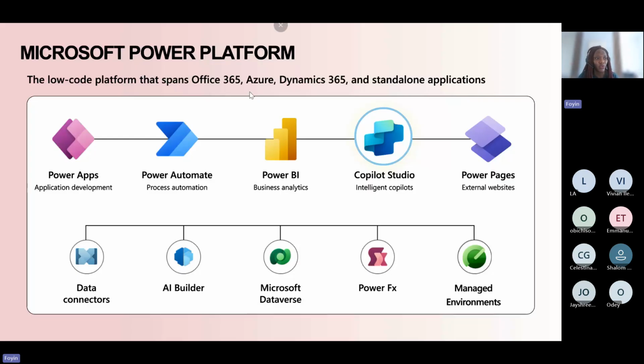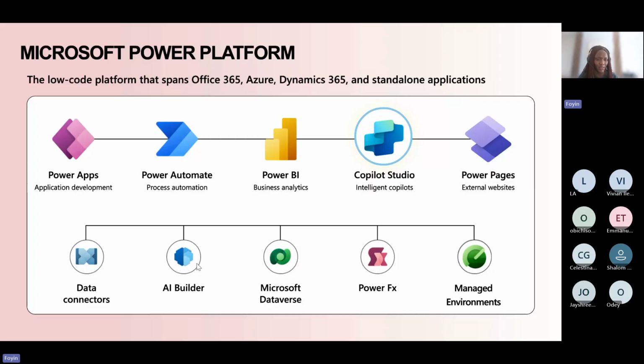And then Copilot Studio, what we're talking about today, Intelligence Copilot. And then Microsoft has Power Pages as well for external websites. So this is kind of it. And then below we have our data connectors, which is what Power Automate uses to get data from different systems, like what it did to go into SAP in the video we watched, to get data out of it.